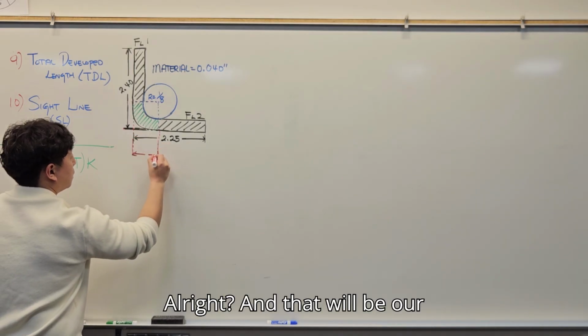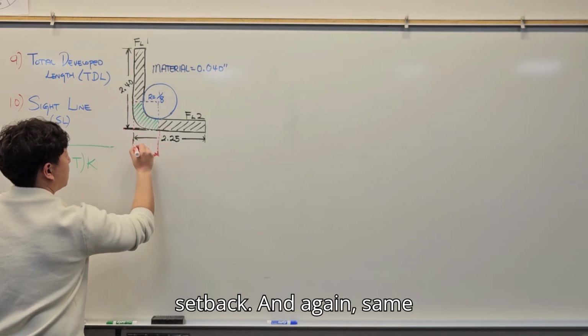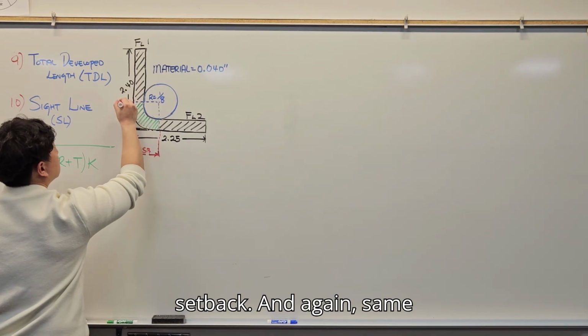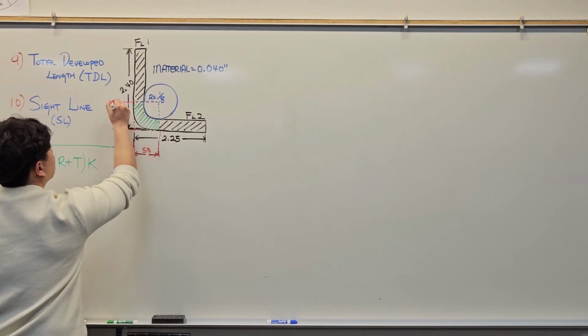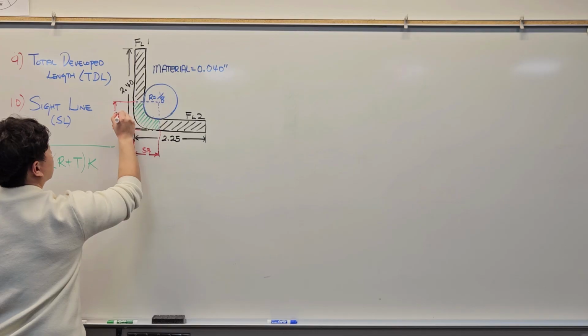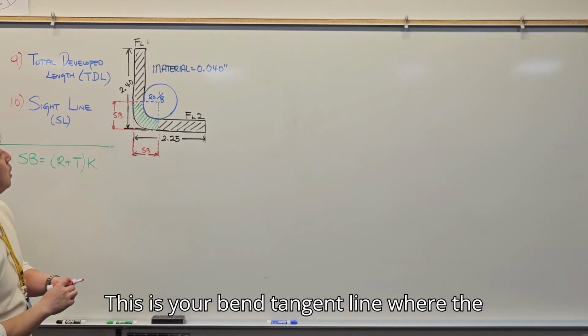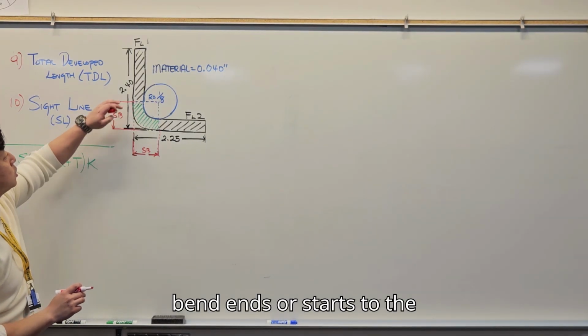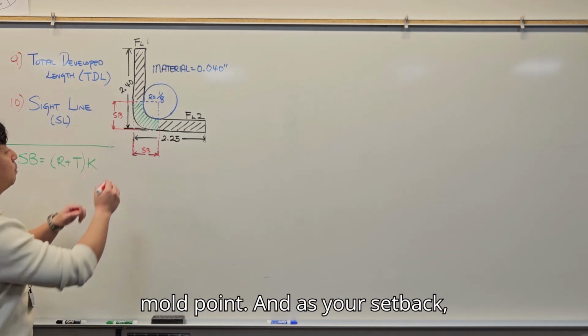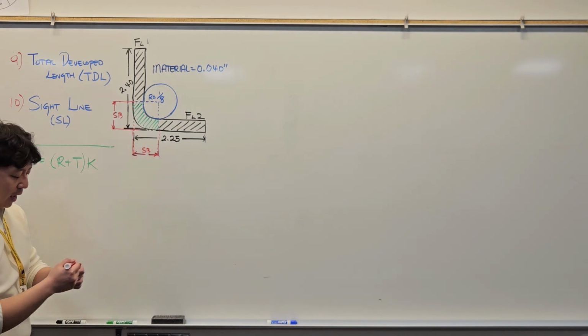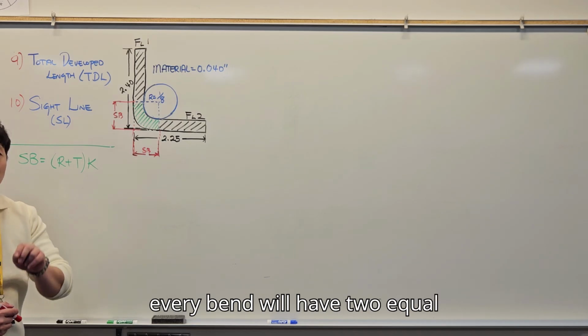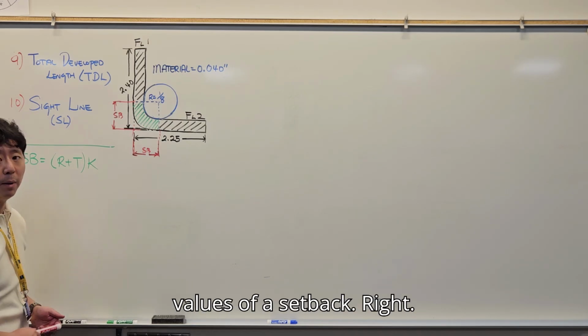Right? And that will be our setback. And again, same thing. This is your bend tangent line where the bend ends or starts to the mold point. That is your setback. Every bend will have 2 equal values of the setback.